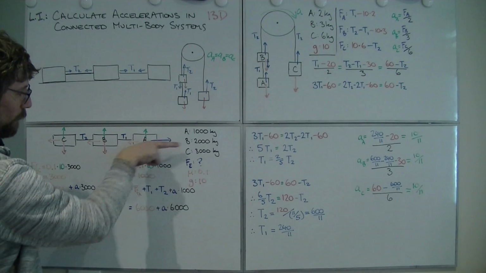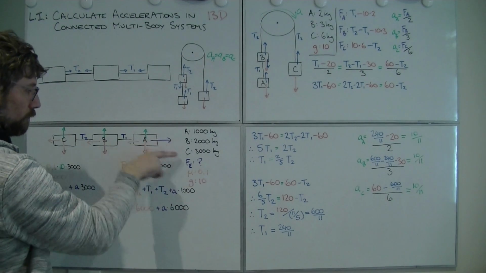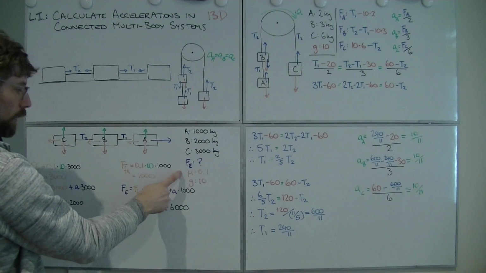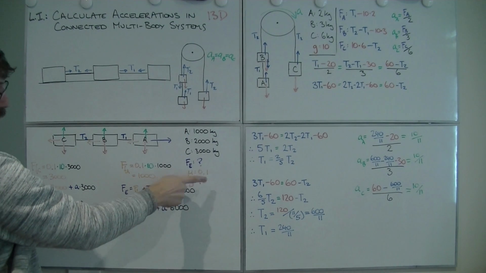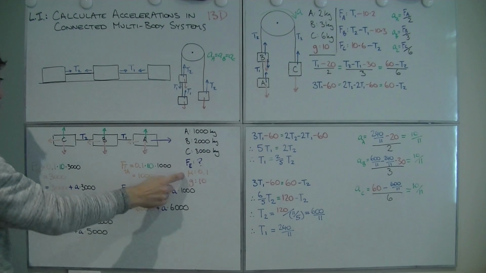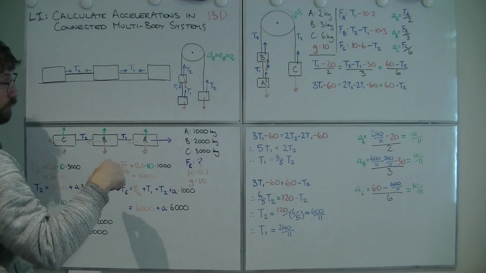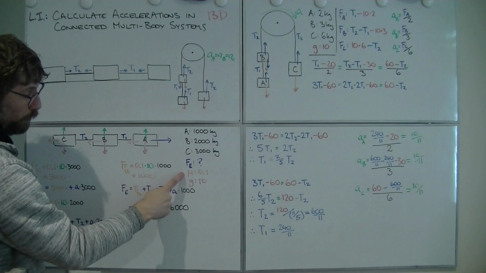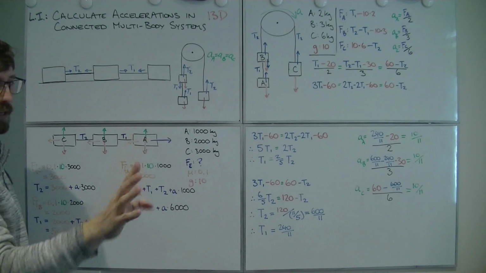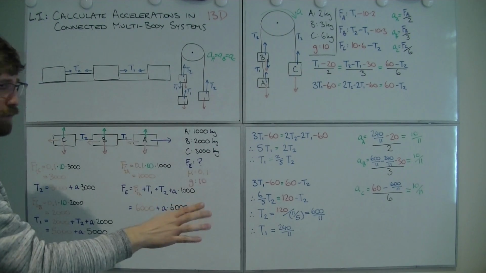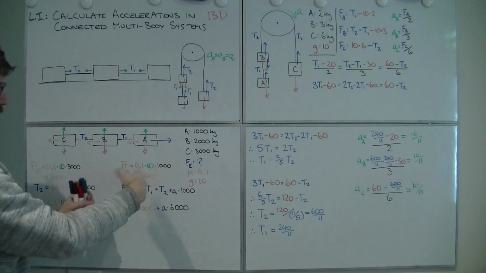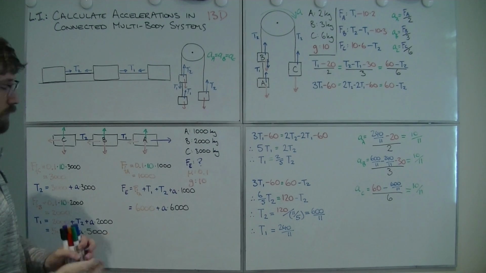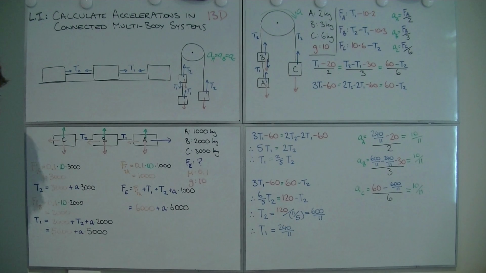We don't know how much force the engine is providing, so that's a question mark. This is probably a bit too high for a railway, but it doesn't matter. Coefficient of friction 0.1, and I'm going to make gravity 10 meters per second squared, just so we've got nice round numbers, because if we make it 9.8, it just makes the numbers ugly for no added clarity in learning it.